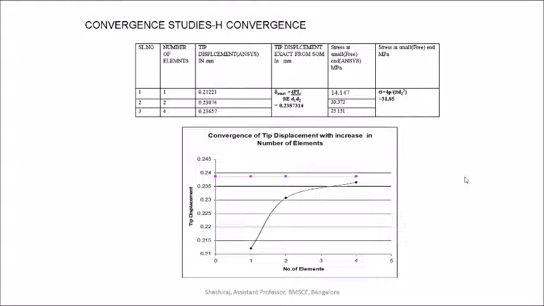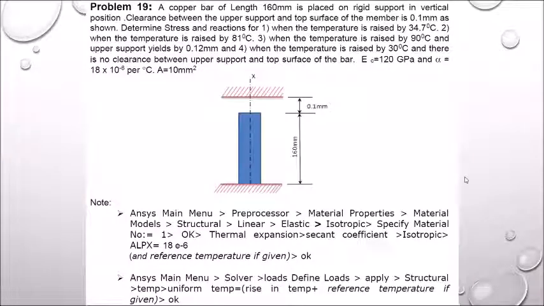So this process is called convergence. You are supposed to know what convergence is and how to achieve it. That is the end of the problem. Please try it.